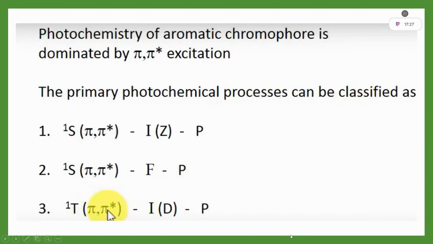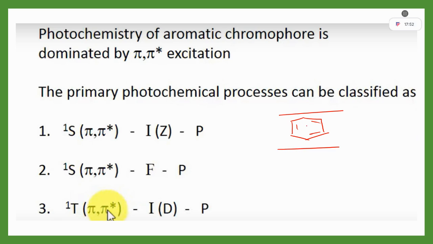so before moving to other problems, let me first recap the photochemistry of aromatic compounds. So, students, as we know, benzene has 6 pi electrons. So, what photochemical excitation can occur in this molecule?